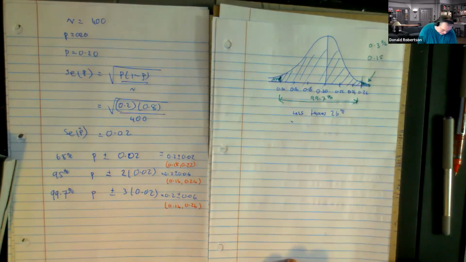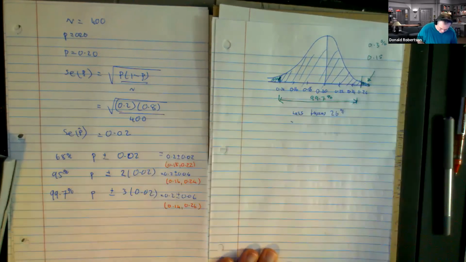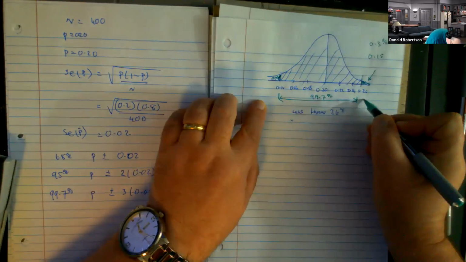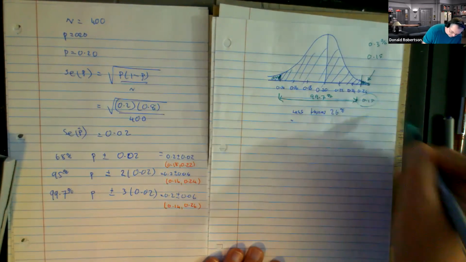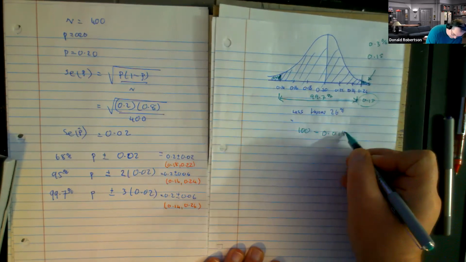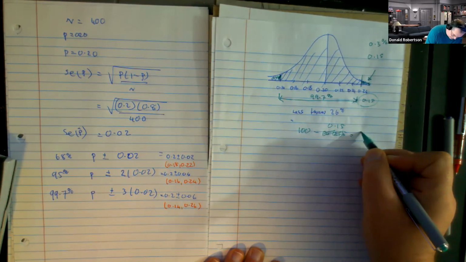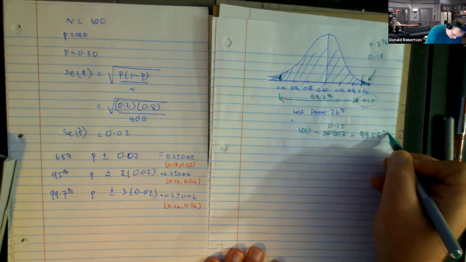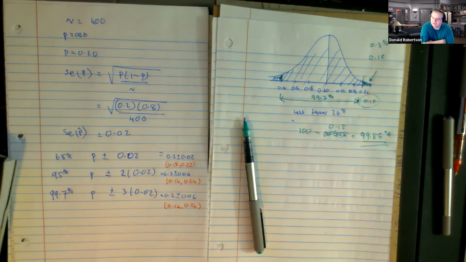Now, if you go here and everybody, including that little bit, is 99.7, and you add what's left here, there's a little 0.15 here. So I'm just saying our answer is 100 minus that tiny little piece. And so it's 99.85%. Almost guaranteed, isn't it, that you're going to get an answer less than 26%.